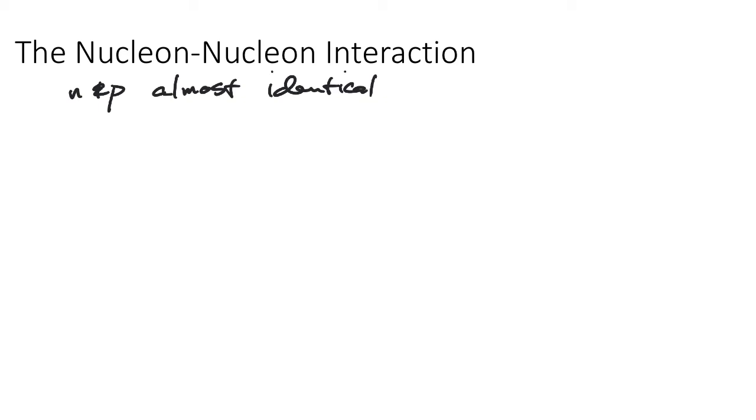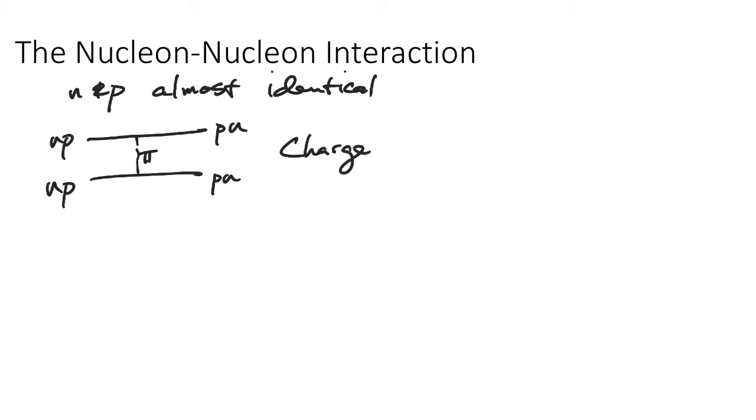This is called charge invariance, and so all the interactions look like this: N or P, N or P, P or N, pi plus, minus, or 0. This describes all the interactions, and we call this charge invariance in nuclear interactions.